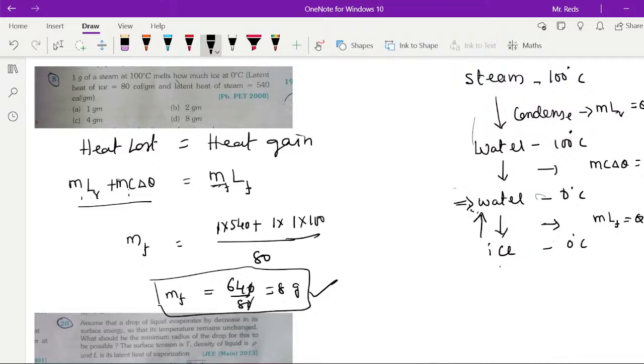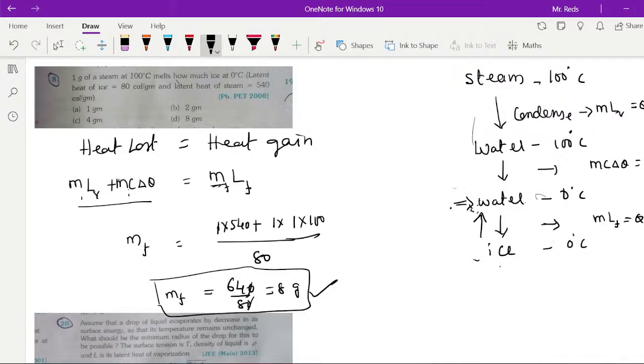So by using this we can find how much mass of ice should be there to come to water at 0 degrees Celsius, if 1 gram of steam is converting into 1 gram of water at 0 degrees Celsius. That is the question.